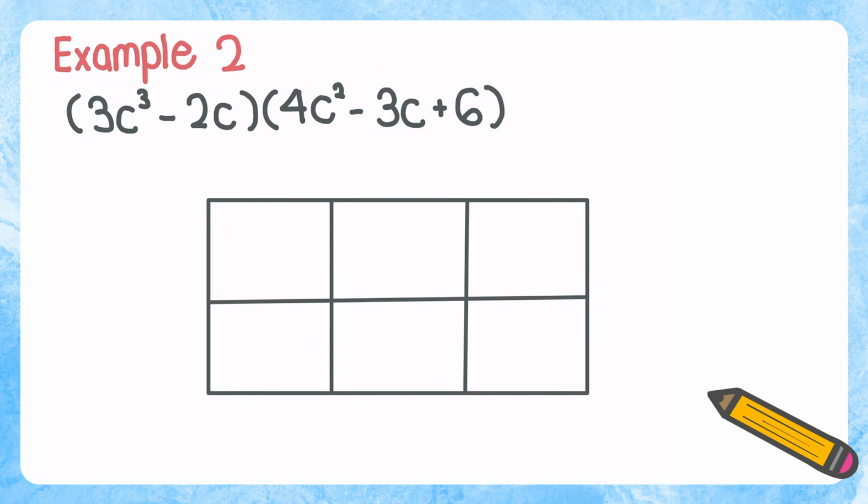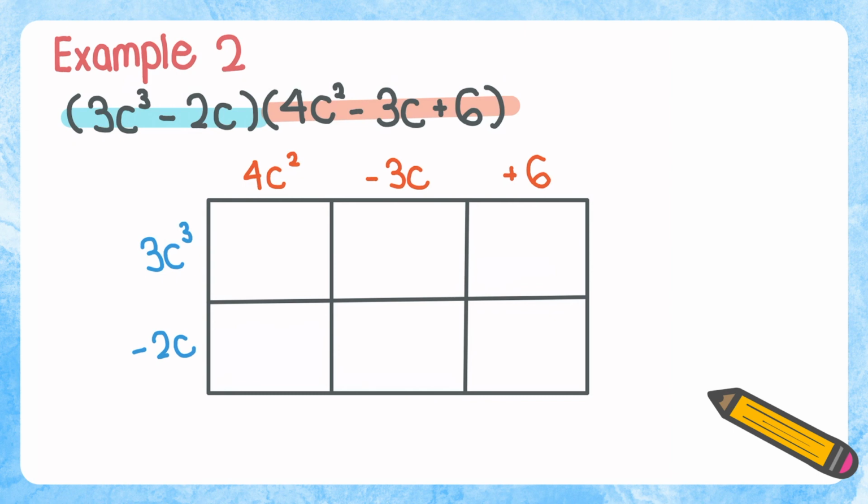So let's try example 2, just looking at the area model. So here we have 3c cubed minus 2c and 4c squared minus 3c plus 6. So again, I'm just setting up the area model right here. Remember, your variable is c right here, so make sure you're not writing like x.